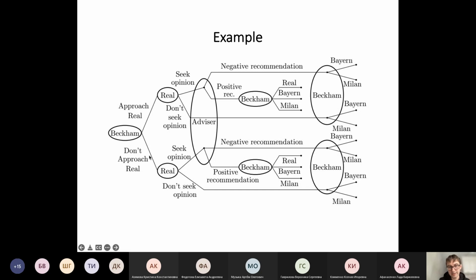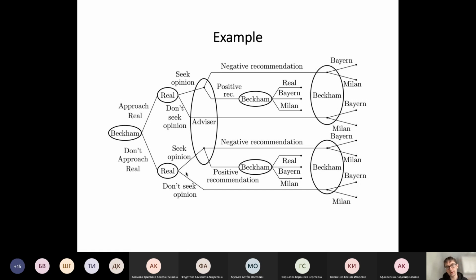But if he is not interested, then they won't seek opinion. So their strategy is seek opinion, don't seek opinion, right? Or their strategy can be, in both cases, ask the advisor about his or her opinion. So then their strategy is seek opinion and seek opinion.